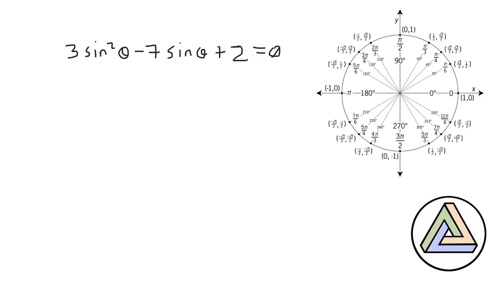And right out the gate, hopefully by now you should be well trained enough to notice that this is a quadratic equation that should sort of look familiar. It kind of looks like the equations you had to deal with back in the day when you did algebra 2 and you set it equal to 0, and you had to either use the quadratic formula or factor it or something like that.